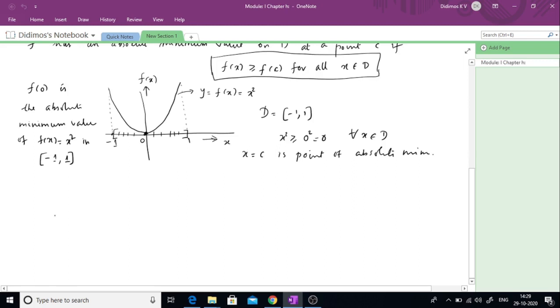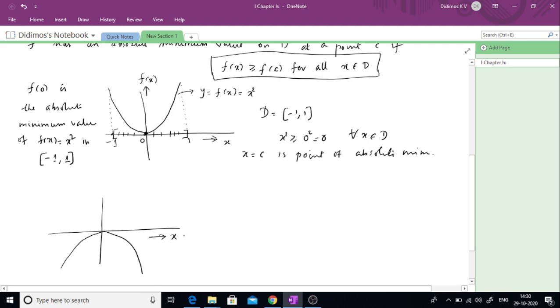Okay. Similarly, you consider another function. I'll draw the graph of that function. For simplicity, I take this function f of x as f of x equal to -x square.